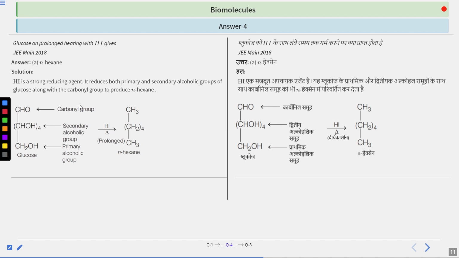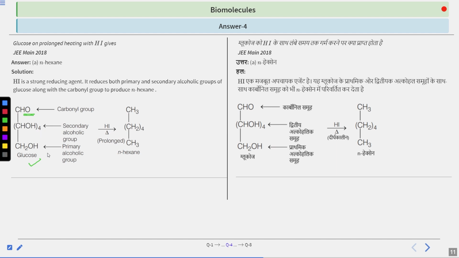As you can see in the diagram, we have the structure of glucose having the carbonyl group as CHO, which is an aldehyde group, and the secondary alcoholic group, which is CHOH whole 4. Why secondary? Because the hydroxyl group is attached to a carbon which is directly attached to two carbons. That is why it is a secondary alcoholic group.